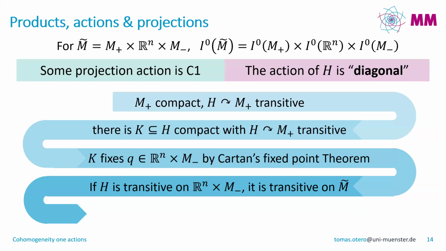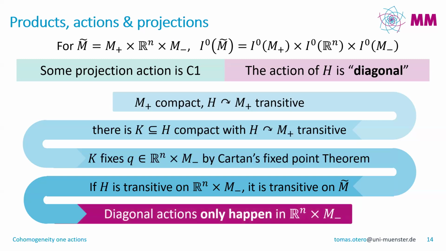You can choose what point you move to in the non-compact factor, this Rn times M minus, and then you can move around using the compact subgroup, which leaves the Rn times M minus alone, and so the action has to be transitive. This is, diagonal actions can only happen in Rn times M minus.